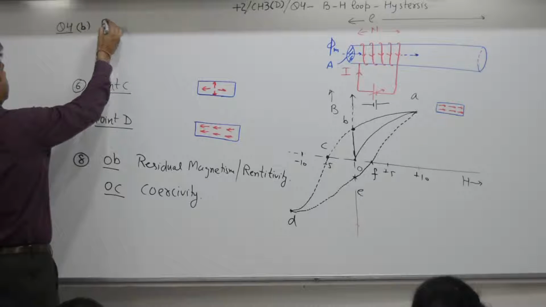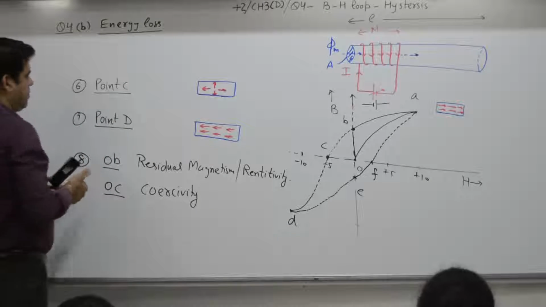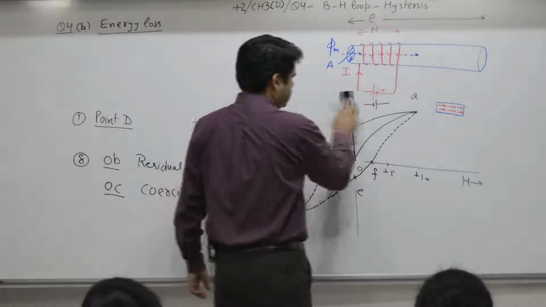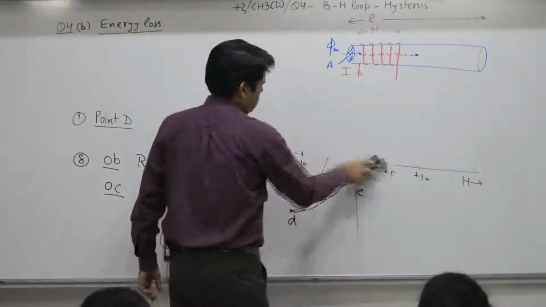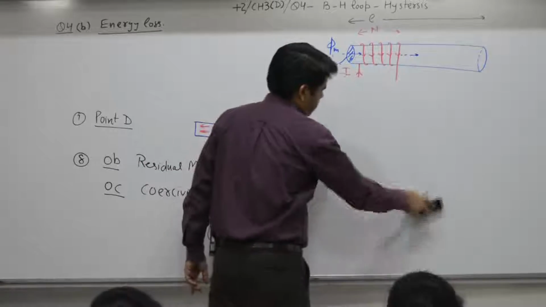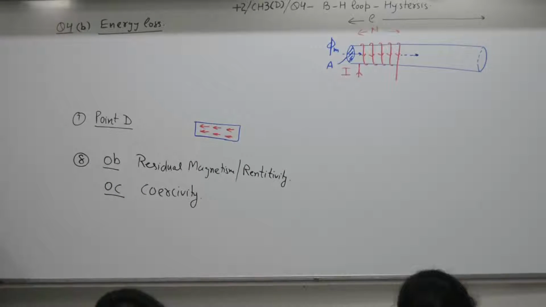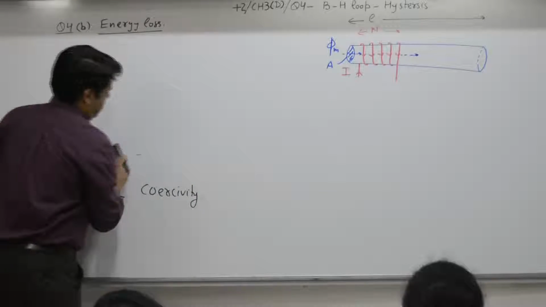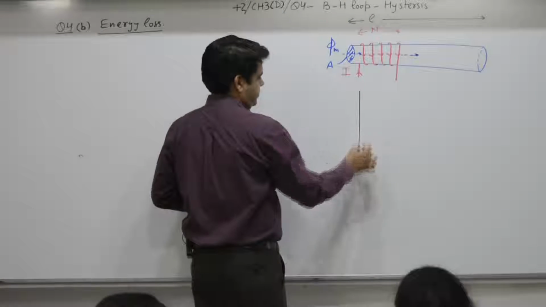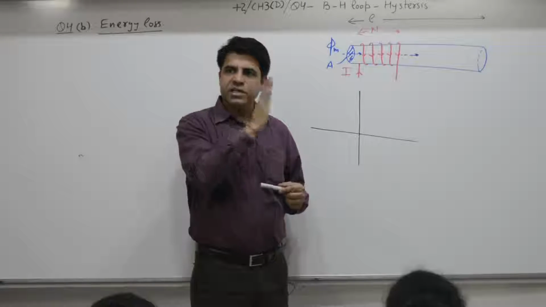Energy loss. When you apply alternating current, when you say alternating current means positive, negative, this is how the current keeps on oscillating.